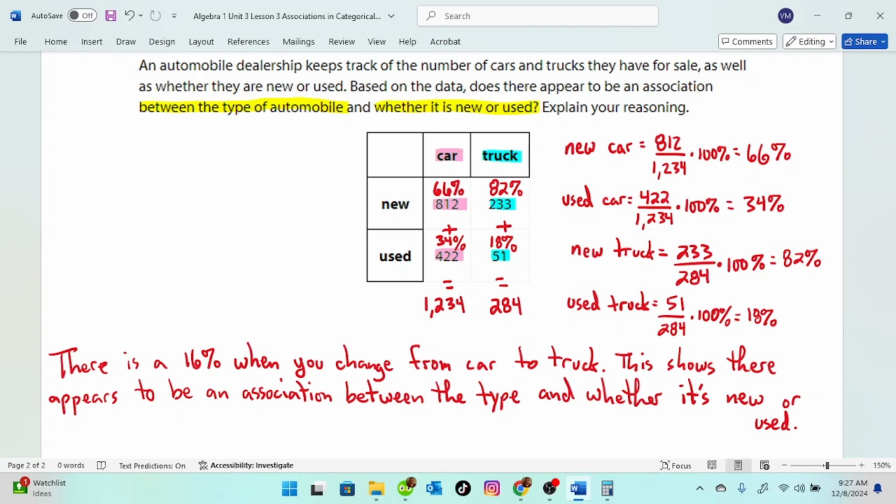But when you see a situation like this problem here, if I change the categories and all of a sudden I see a significant change in the other categories, meaning the likelihood that I'm going to get my second category seems to be affected by which of the first categories I pick, that's when we say there does appear to be an association between the two.